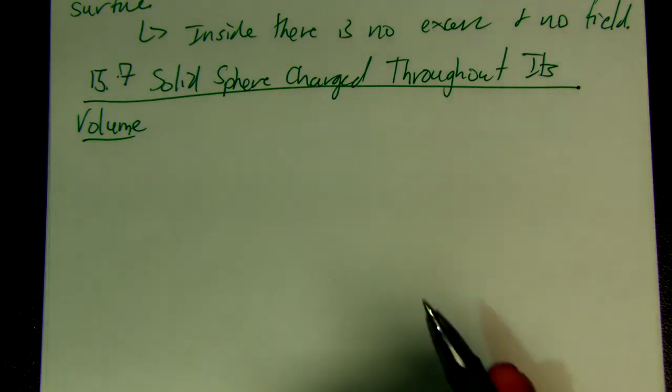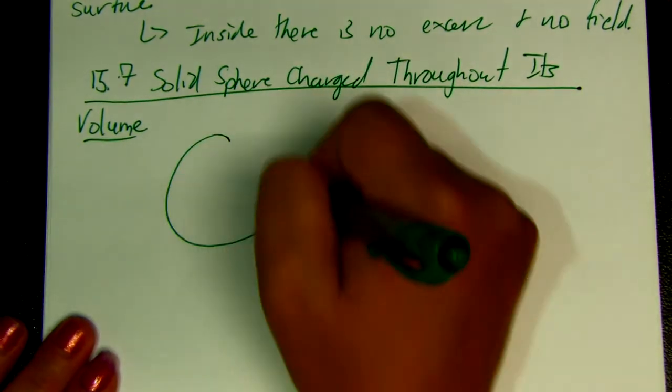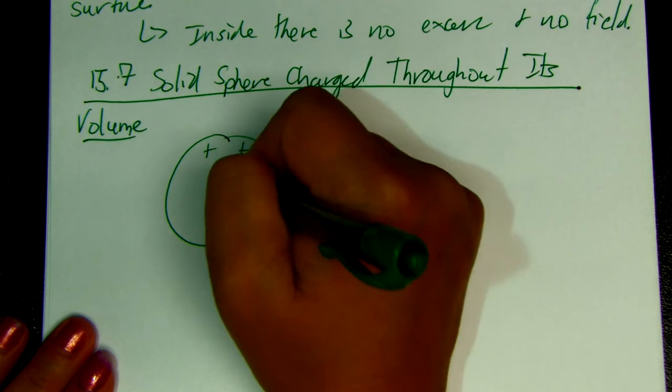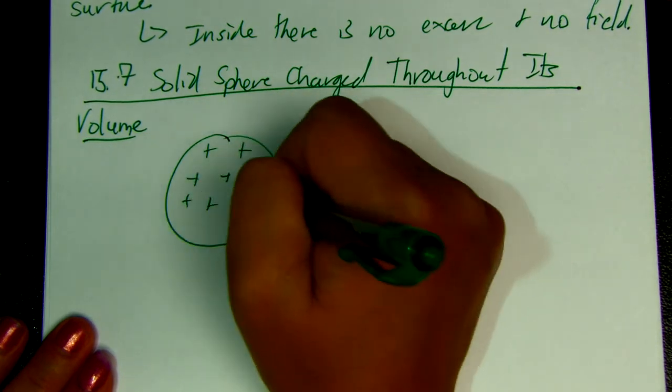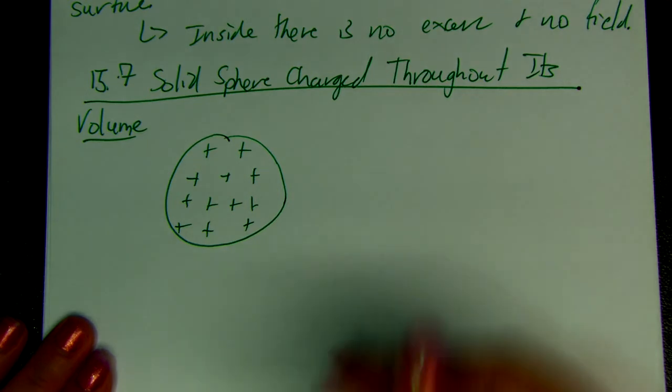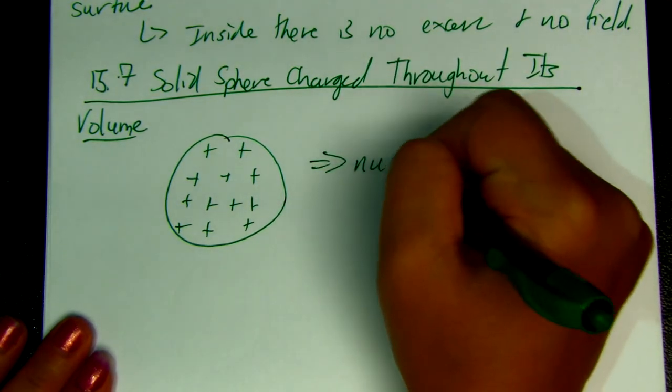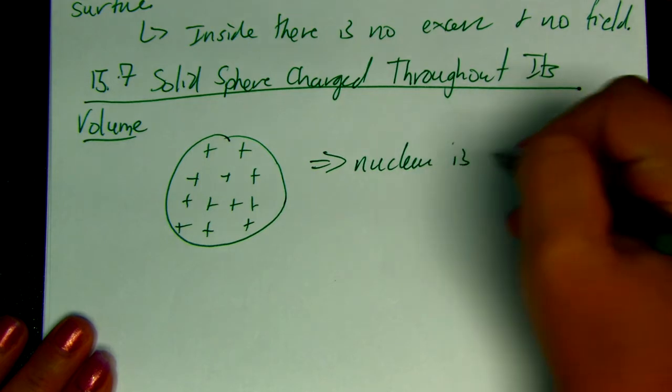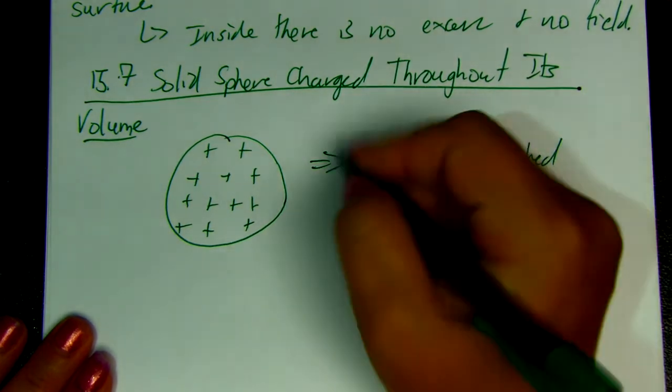So we've looked at charge distributions throughout the surface, but you could look at something that has a charge throughout a volume. There is a natural occurrence of this, so a nucleus is packed with protons and neutrons.